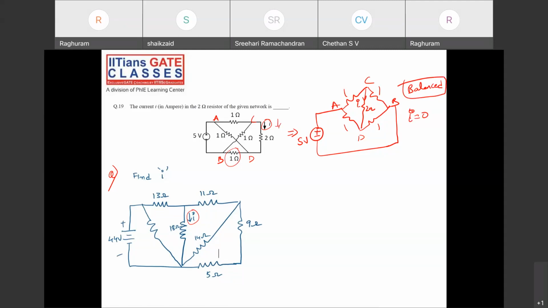Okay, find I in the second one. I think the first one is clear to everyone. This is something where I think one value is missing here.